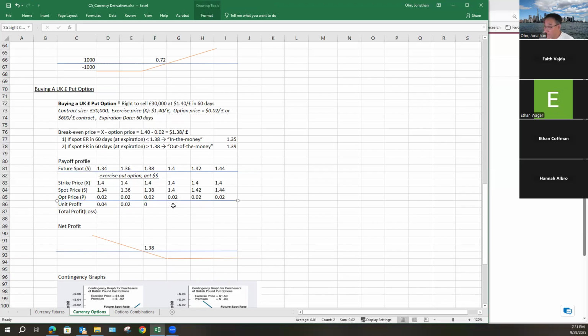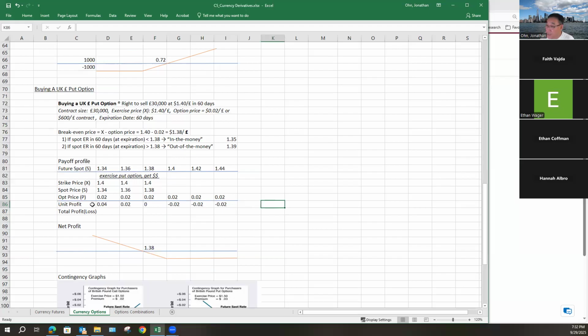But when the spot price is higher than your break-even price, you don't do anything. You just pay this one. Just leave the contract expired, right? So you pay 0.02 here, minus 0.02, and copy and paste there.